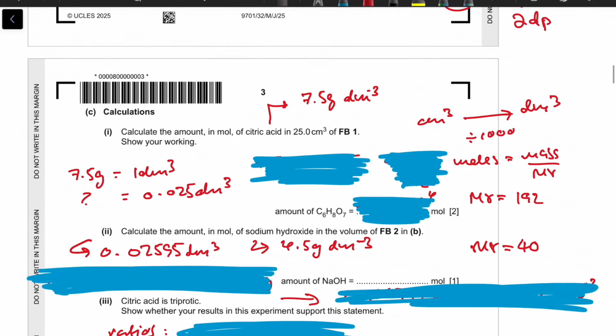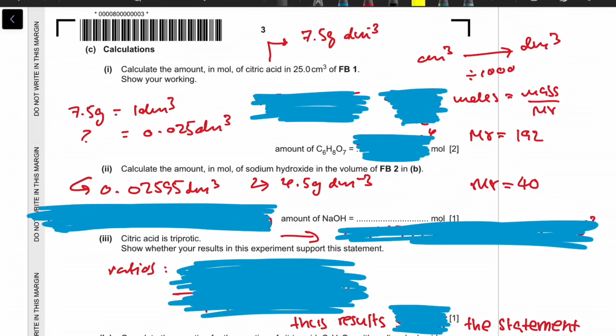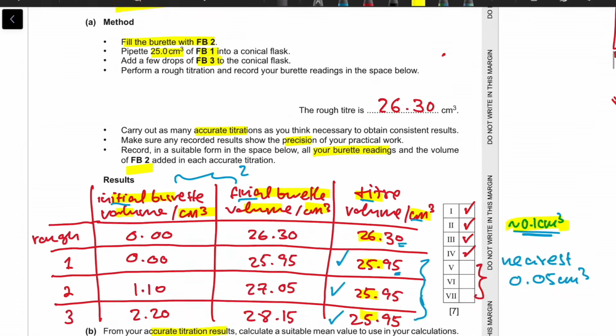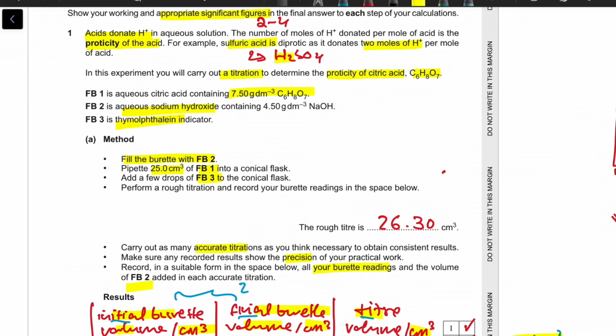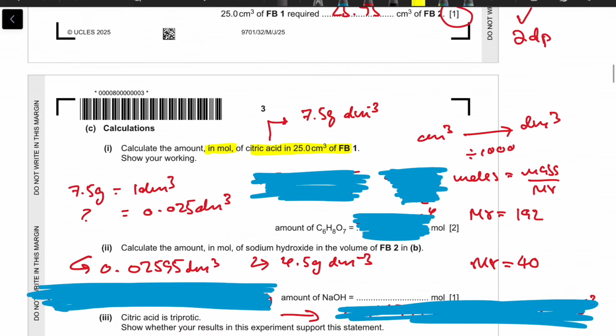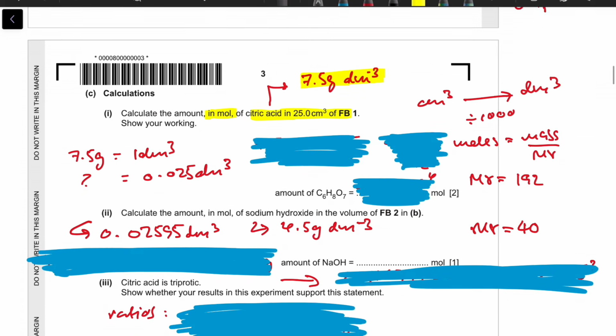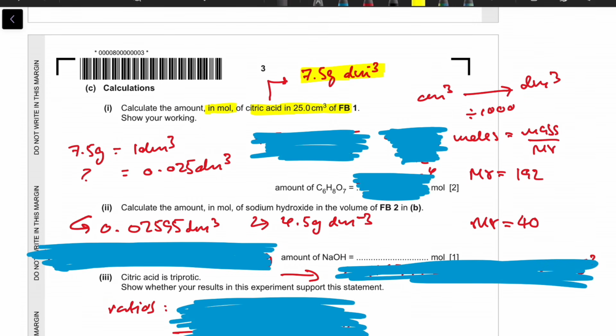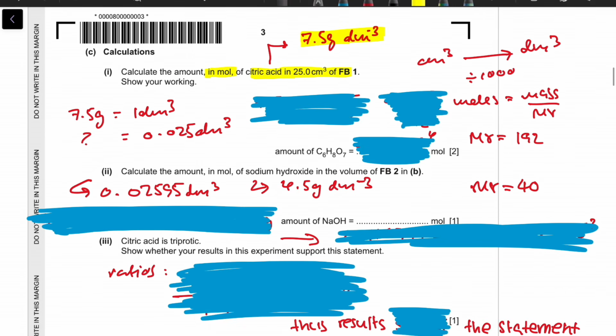Okay? So moving on, it then says to calculate the moles of citric acid in 25 centimeters cubed of FB1, which had a 7.5 grams per decimeters cubed solution. Because it's per 1 decimeter cubed, we have 7.5 grams, and here they're asking for how much is in 25 centimeters cubed.